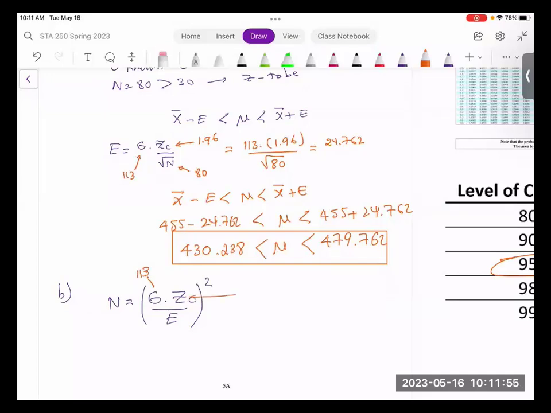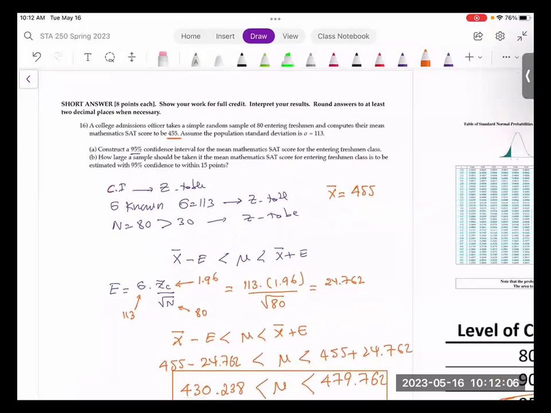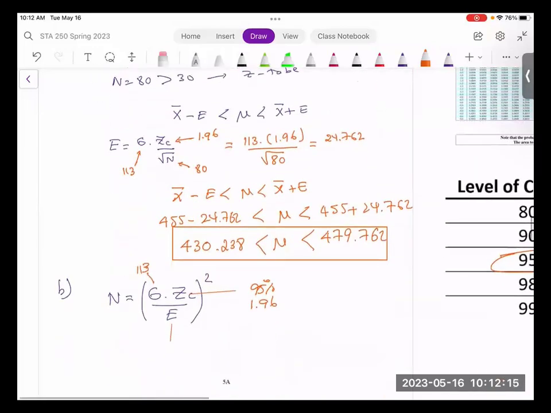ZC is the same as well for 95% confidence interval, 1.96. And the error here, because they say within 15 points, that's going to be the value, right? 15, that's the error. Within means 15 on the right and 15 on the left. Okay. So then done. You put 15 here and you calculate the N, and always round up. Whenever you get a decimal, even 0.01, round it to the next number, right?